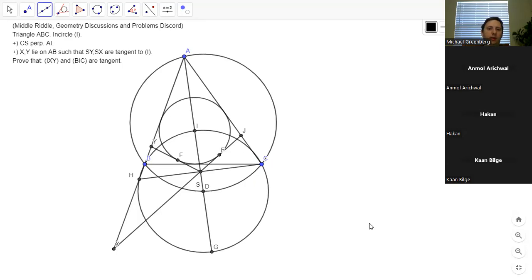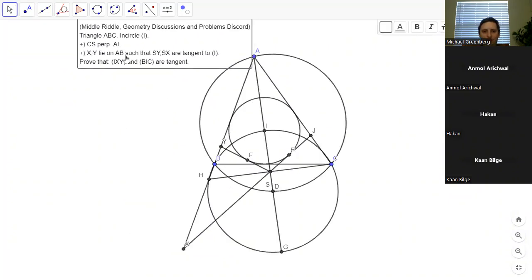If IYXJ is cyclic, then the circumcircle of IXY, by symmetry, has its center on AI, and that would solve the problem. Which is of course equivalent to saying that, oh, but I is the incenter of AXJ, so it's actually trivial. Yeah, this is easy.